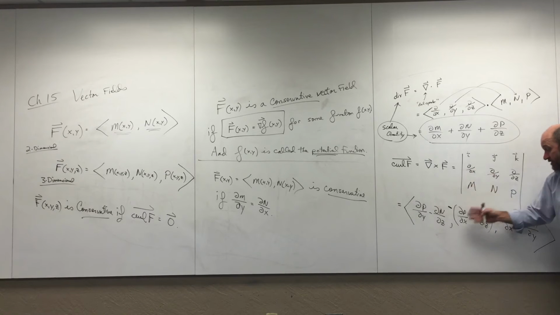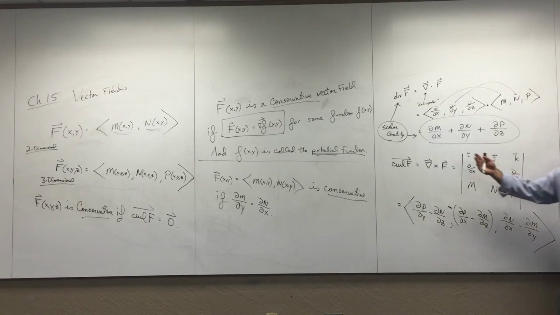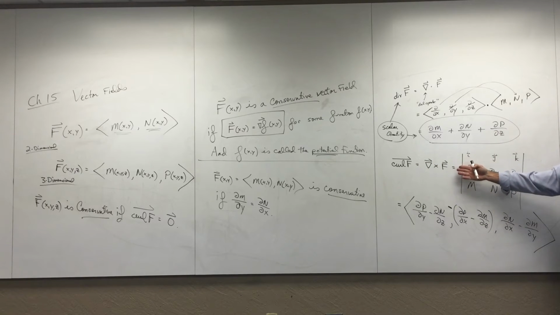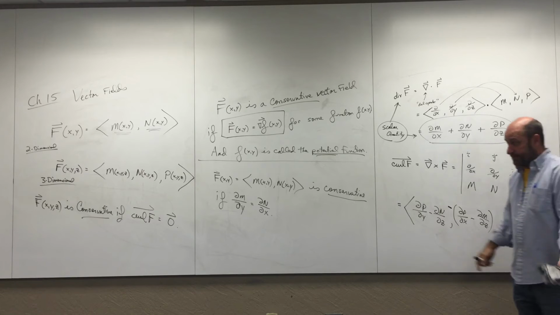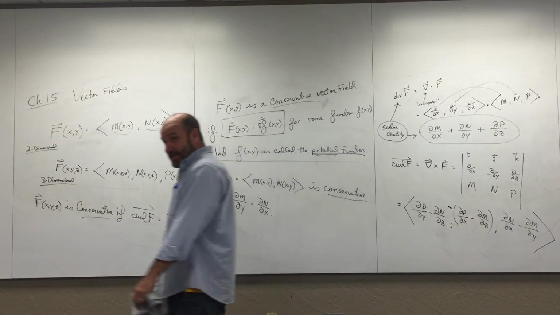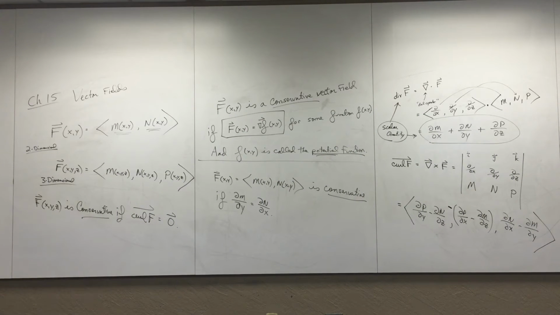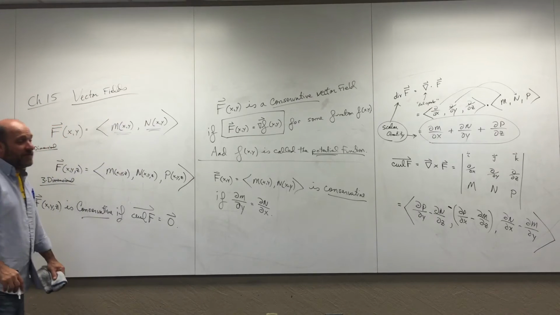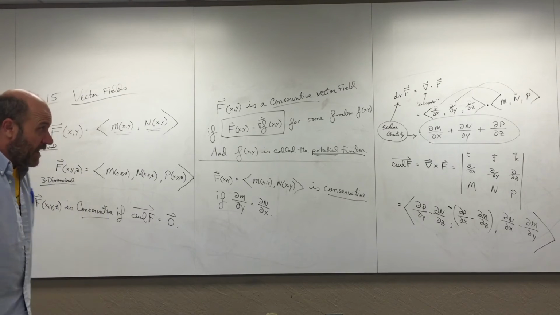If you get 0, 0, 0, the curl of F has helped you decide that this 3D vector field is a conservative vector field. Cool. We just learned a lot of cool stuff about beginning vector fields. This is all kind of 15.1 stuff.